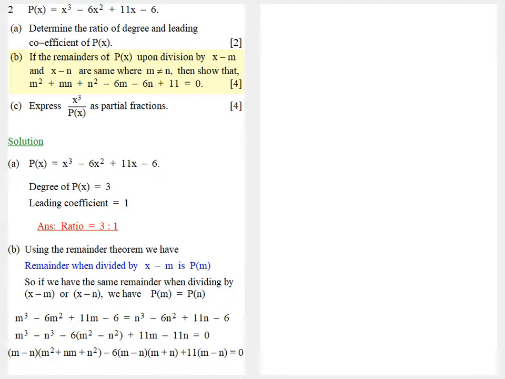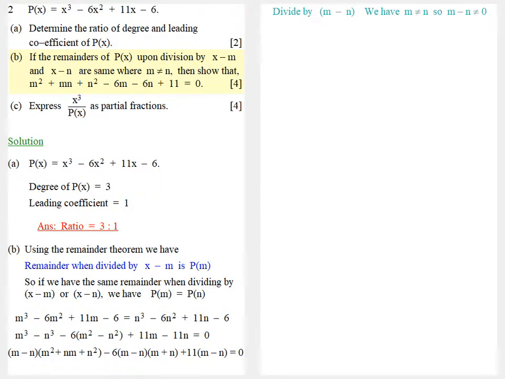Now we can factorise m cubed minus n cubed as m minus n into m squared plus nm plus n squared. We can factorise minus 6 into m squared minus n squared as minus 6 into m minus n into m plus n. And we can factorise 11m minus 11n as 11 into m minus n.